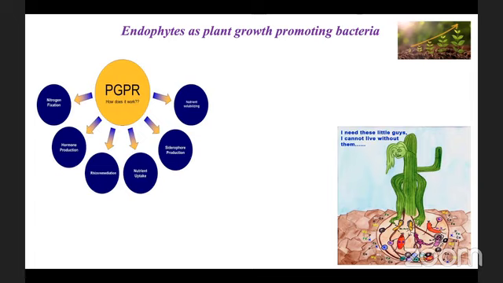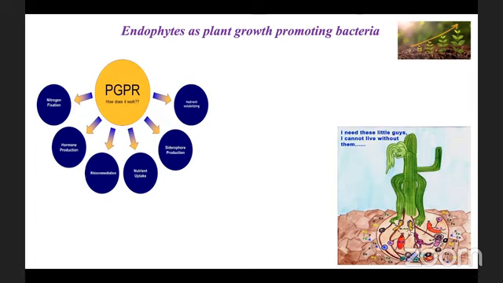Plants take up atmospheric nitrogen, but if that is not sufficient, we have to give it externally. So as a substitute for chemical fertilizer, we can develop endophytic inoculants that fix nitrogen, which are already available in the market, so that the plant can grow efficiently.